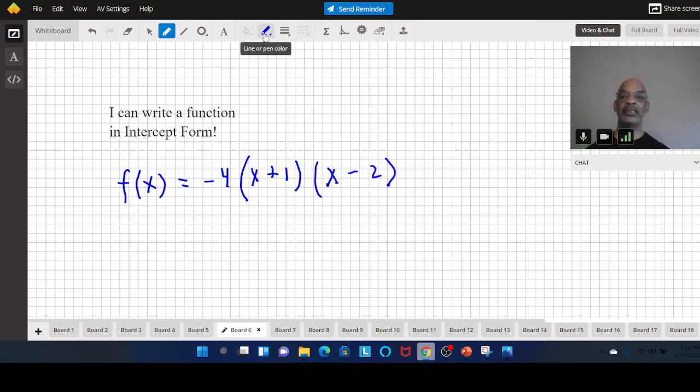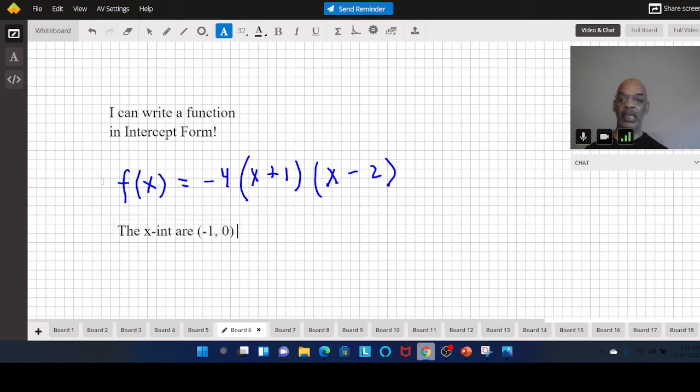That makes the y-intercepts, and correction, that makes the x-intercepts negative 1, because negative 1 plus 1 equals 0, so (negative 1, 0), and 2, because 2 minus 2 equals 0.